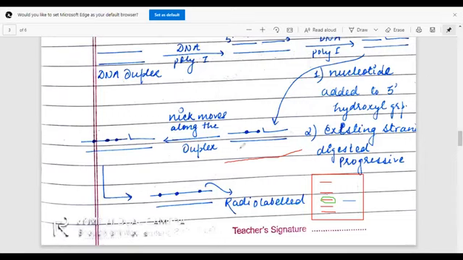It has been cut, fragmented, and allowed to hybridize with the probe. On electrophoresis we get various bands, and then that is hybridized with the probe, and then we get, on autoradiography, the X-ray film. So we are getting this band. It will make sure that this band is present.